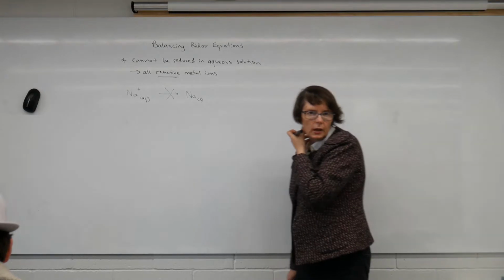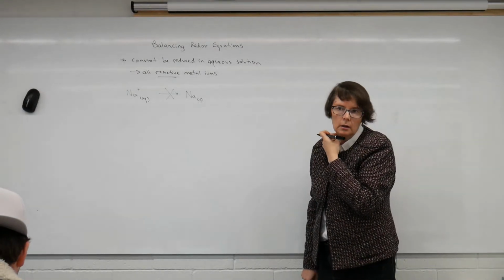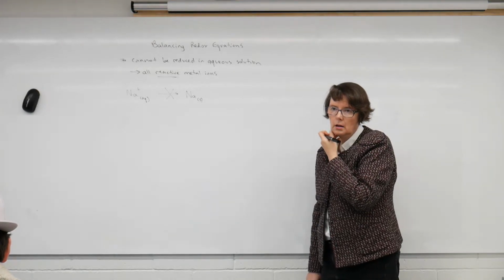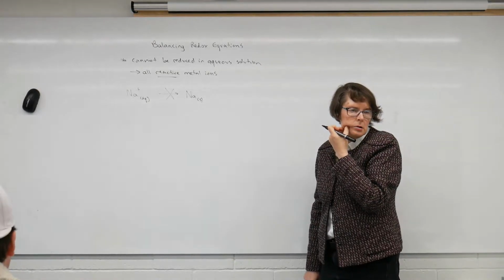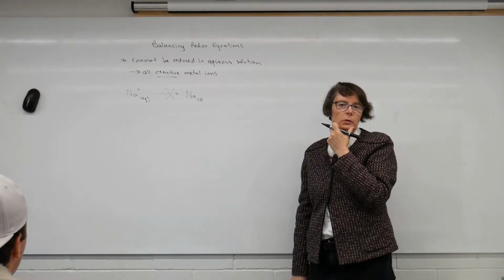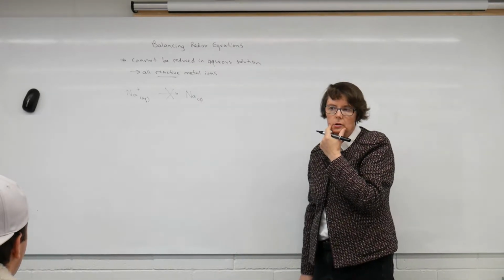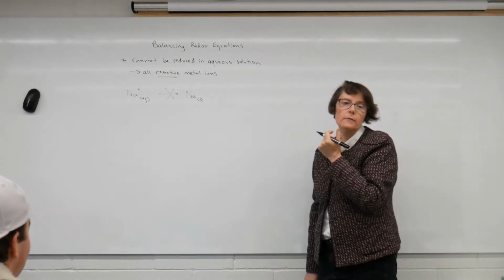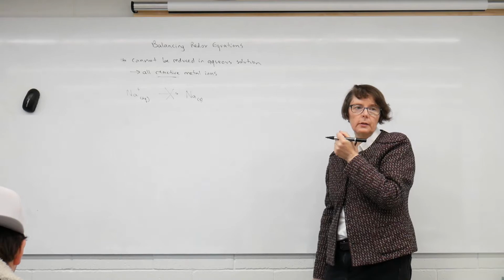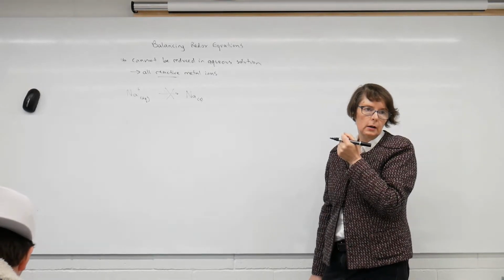Why do you think that's the case? If I put a piece of solid sodium in water, what happens? Explode. Pretty well, a very violent reaction, isn't there? With our group 1 metals with water.